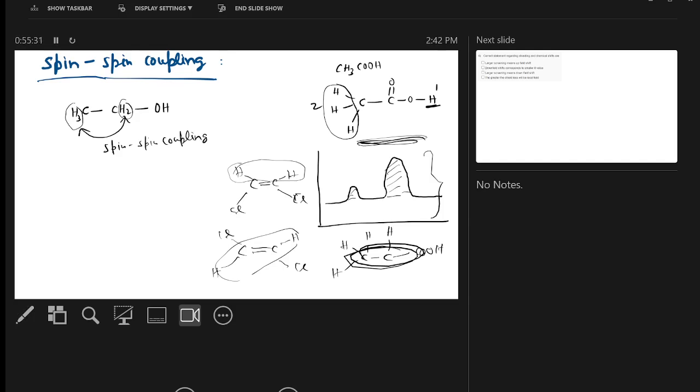If you try to draw the NMR of this ethanol, you will get something like this. This is connected directly to oxygen, so it will go here. You will get something 3, 2, 1. If you draw it reversed, it's incorrect.